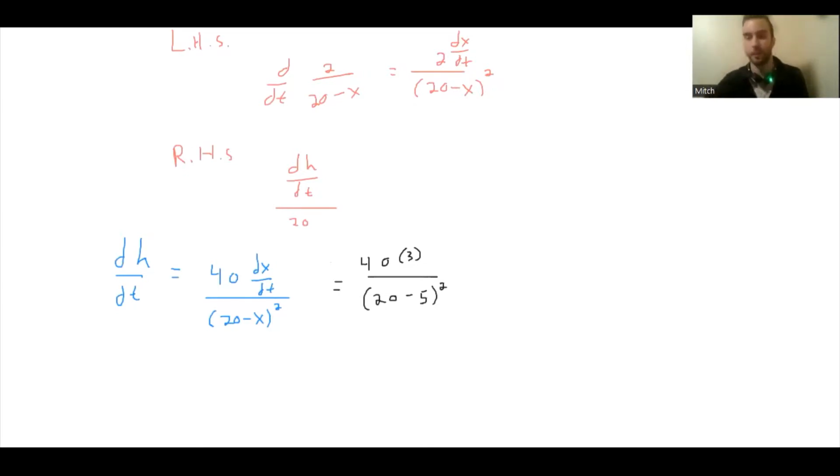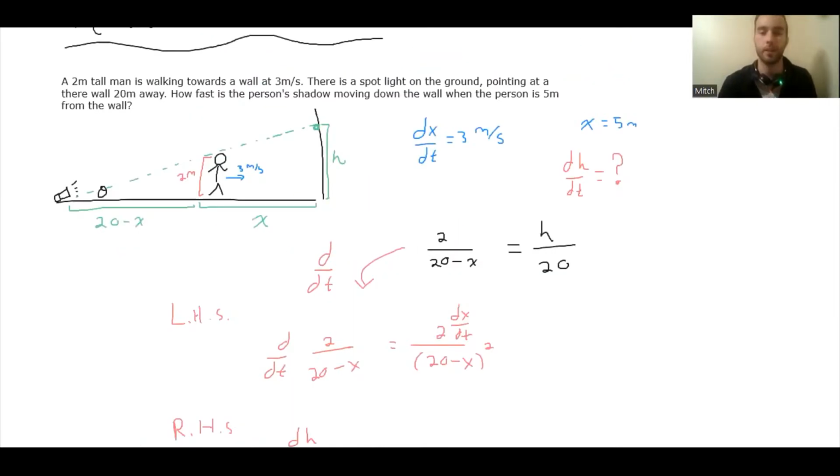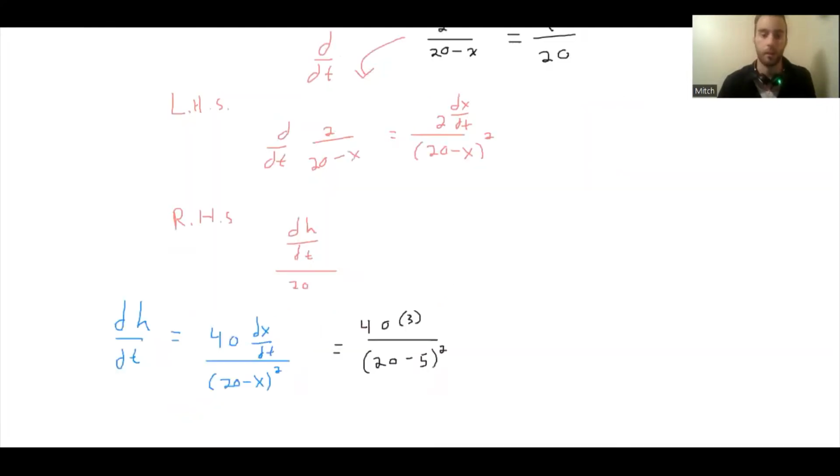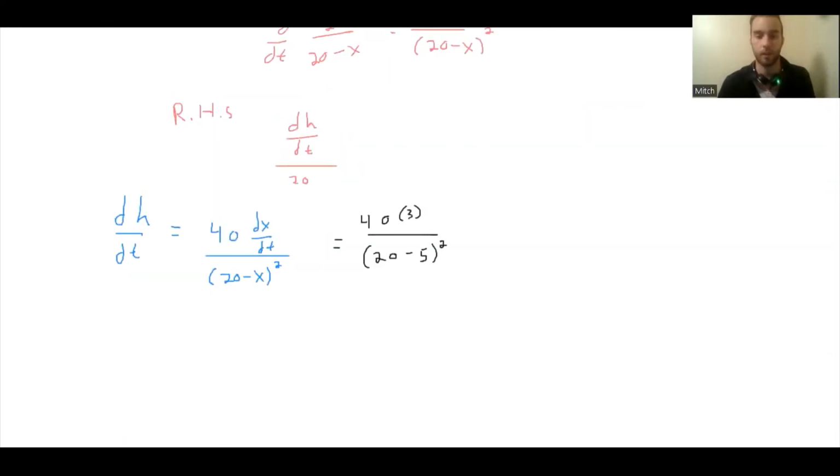So yeah, this is going to be something, throw it in your calculator. And then we're going to check to see what the units are, right? So everything that we're dealing with here was meters, and so we have meters per second here.